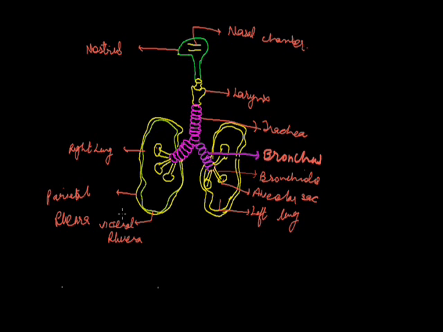Our left lung is divided into two lobes, while our right lung is divided into three lobes.